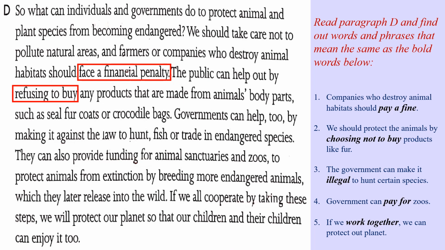And illegal means something which is against the law. Number 4, government can pay for zoos. Pay for. When you pay for something, what do you do? You provide funding, funds.